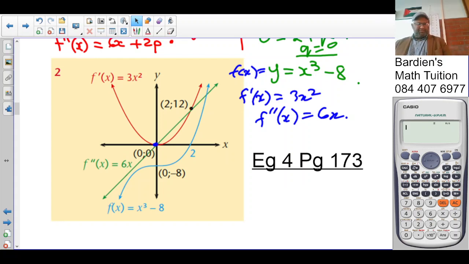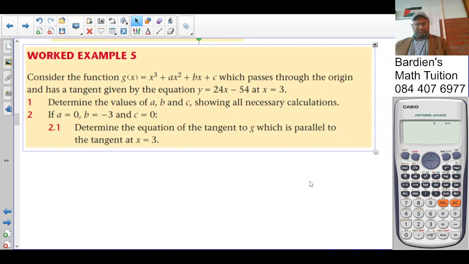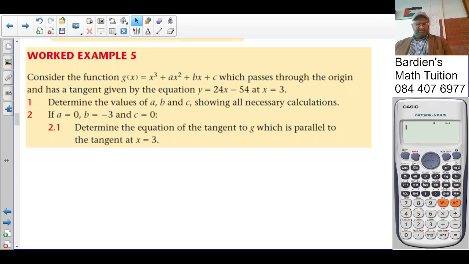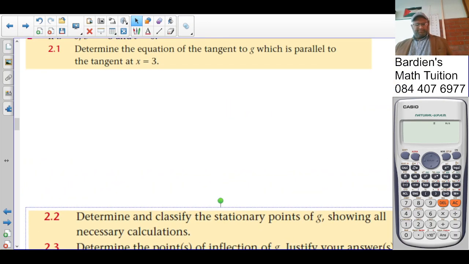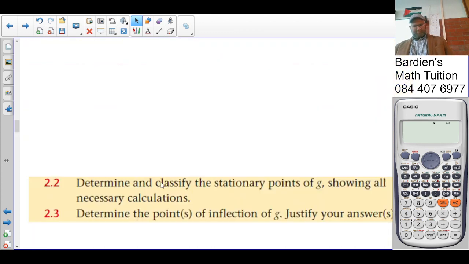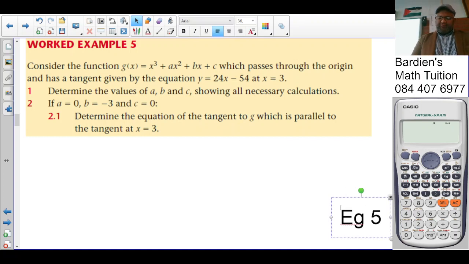Let's look at worked example 5. Here's example 5 on page 170.